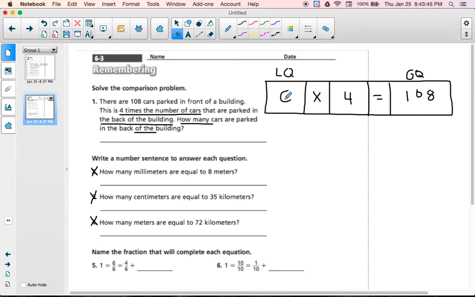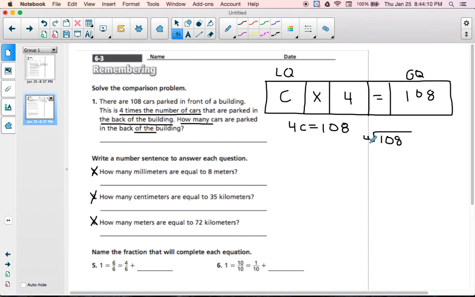So if you take 4 times C, we would write this equation as 4C equals 108. That's multiplication using inverse operation. We can figure out how many cars are parked in back.